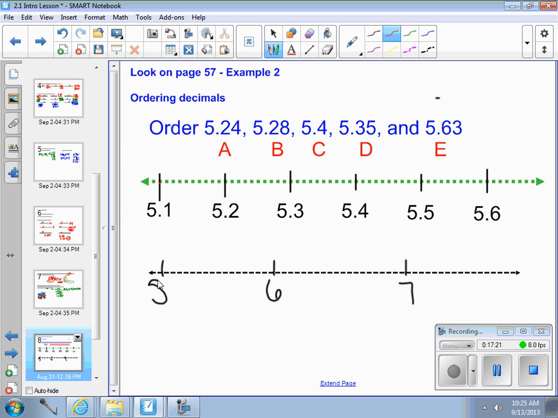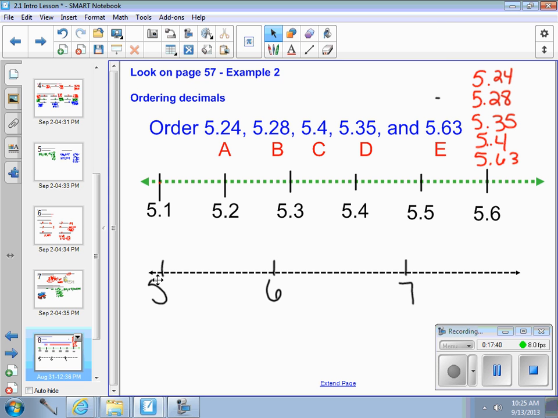So you can come over to the side: 5.24, 5.28, 5.35, 5.4, 5.63. Now I took the numbers that were given. You can do that to the side to compare, but I put them in the order from least to greatest.